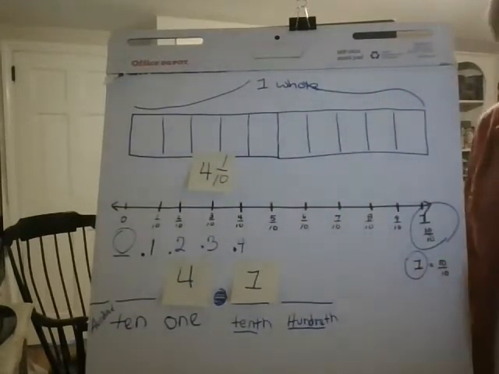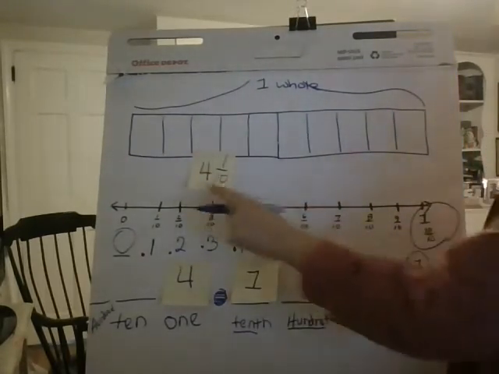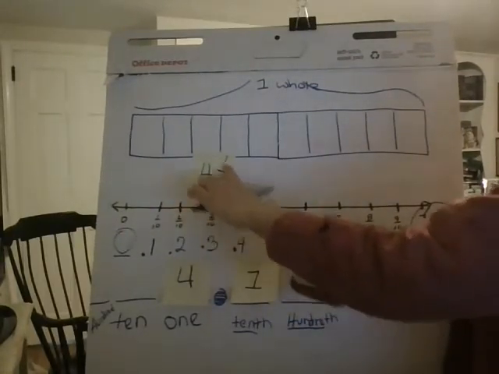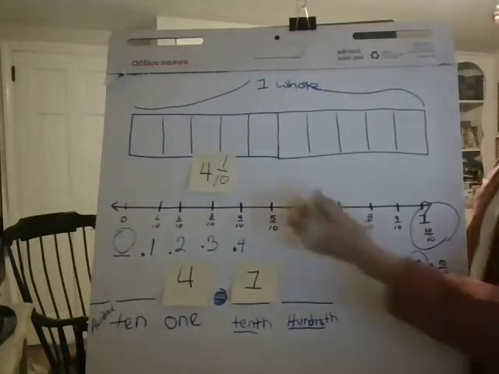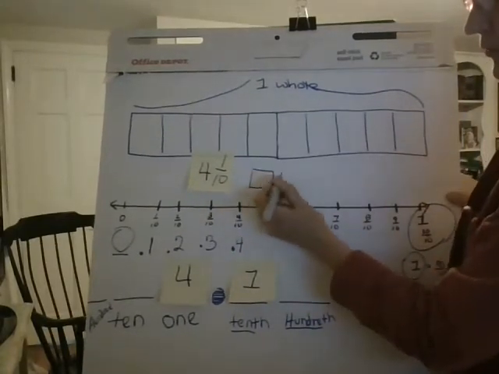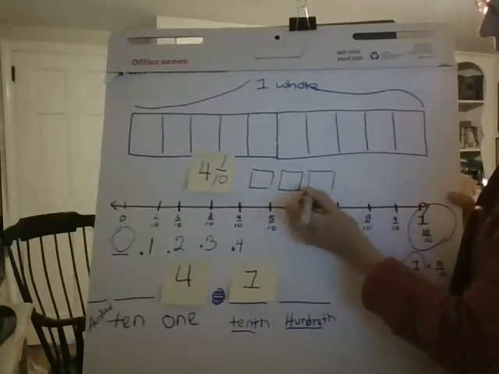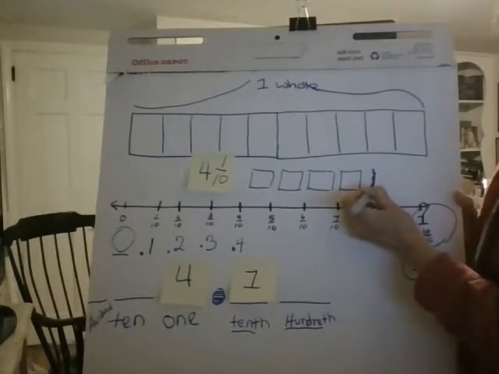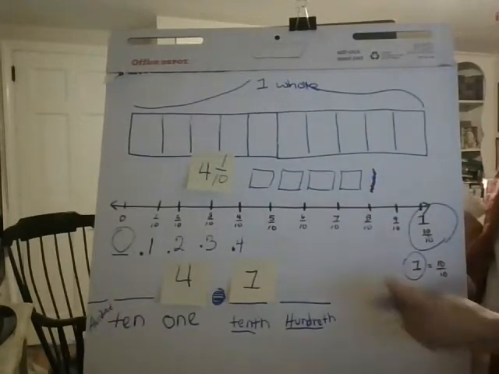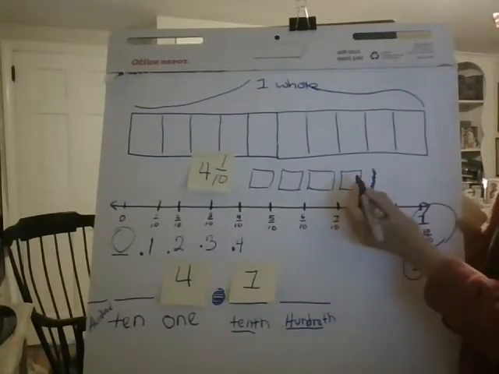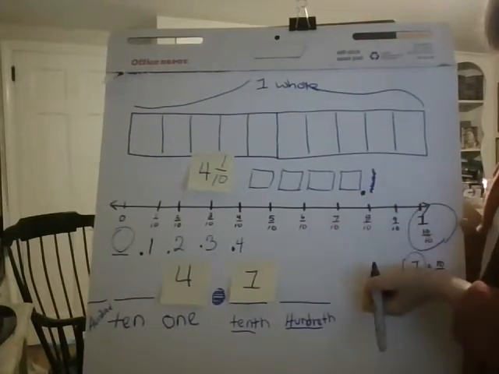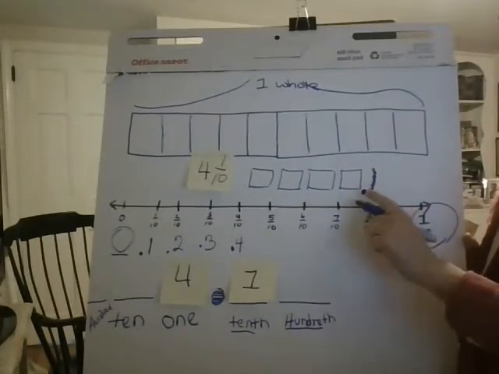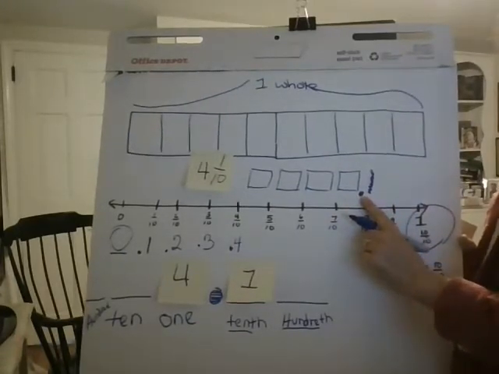Is that a mixed fraction, a mixed number? 4 wholes and 1/10. So if I were to draw that out as a picture, I would say I have 4 wholes and 1/10. Hopefully you notice when I said that and, I'm placing the decimal point there.